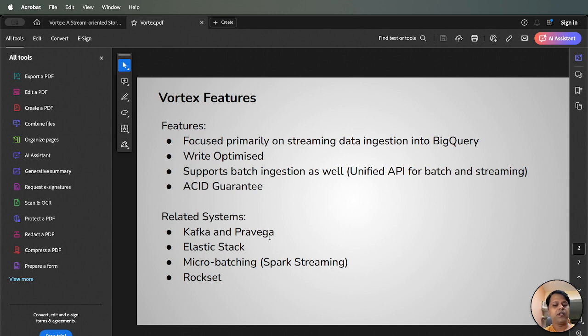Then Elastic Stack, which is mostly log analytics and real-time logging. Again, those are specialized systems, mostly for semi-structured logs, to do NLP and searching on them.